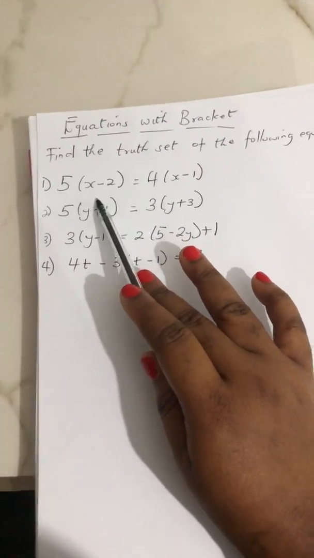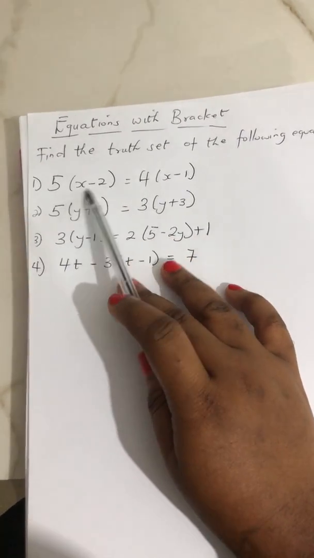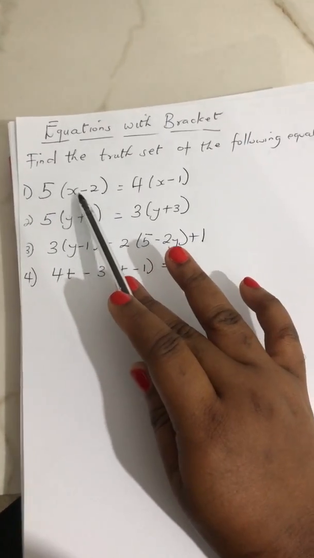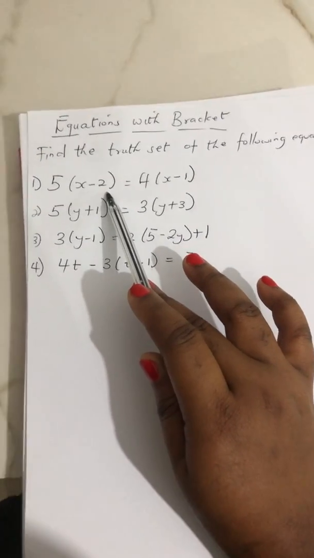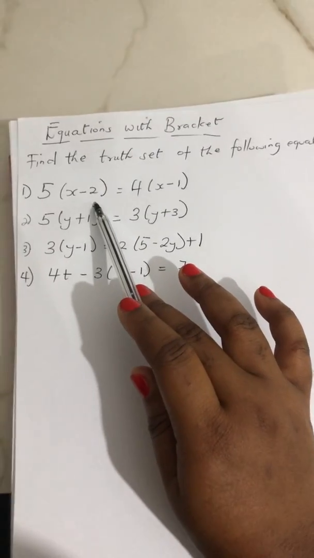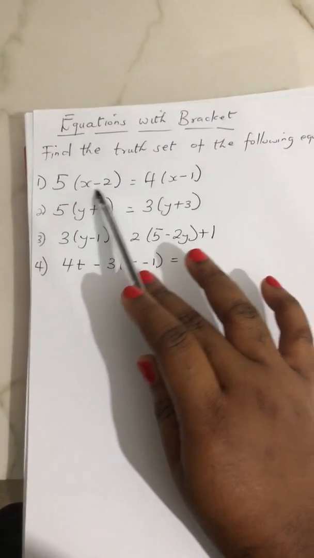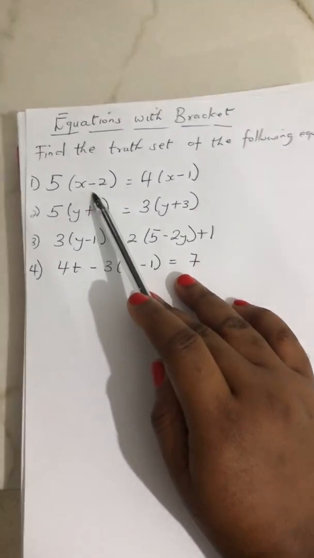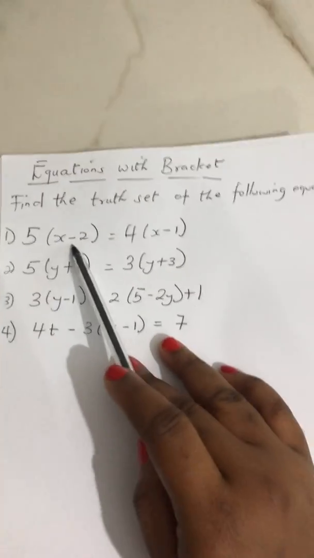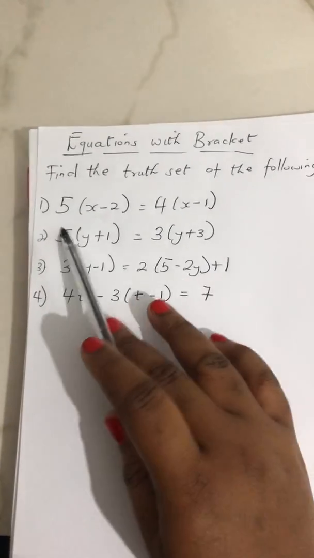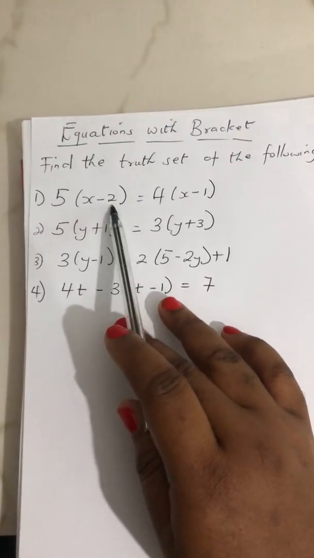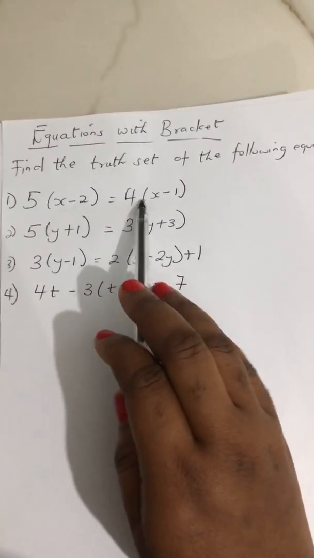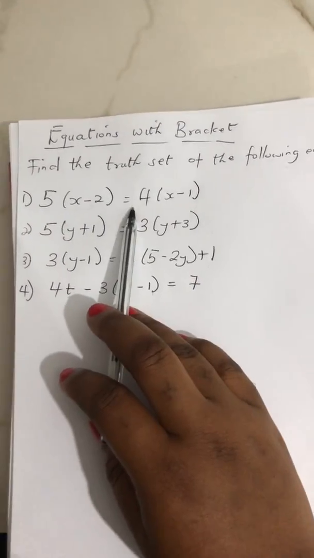You open the bracket by using the number in front of the bracket to multiply each and every member inside the bracket, paying attention to the operation sign, whether the sign you are multiplying is positive or negative.